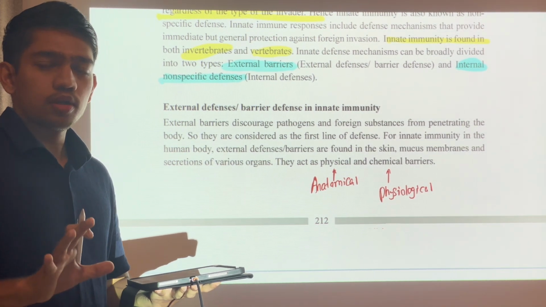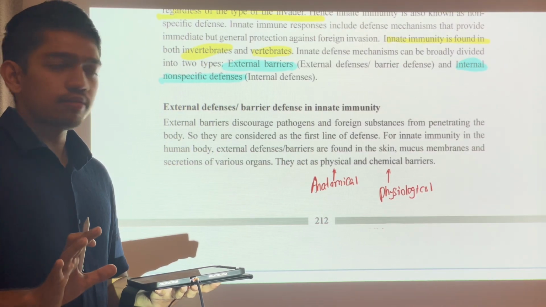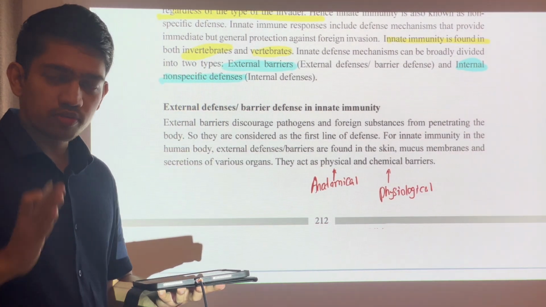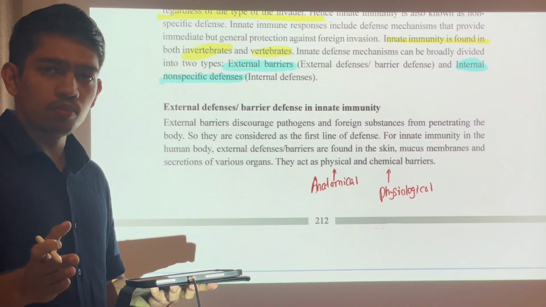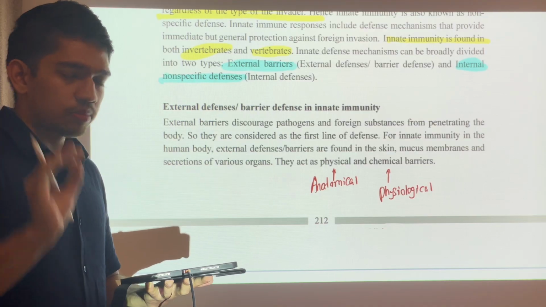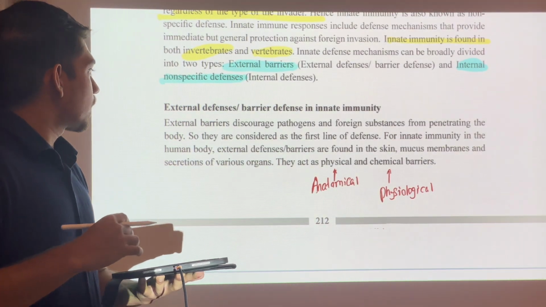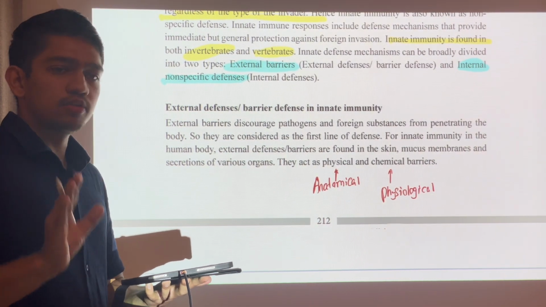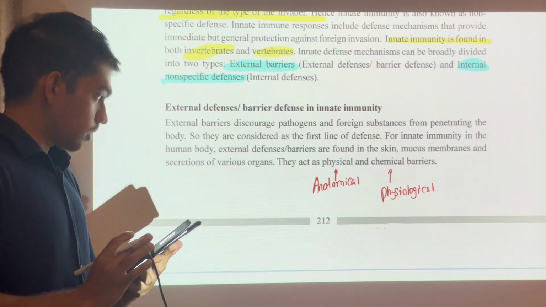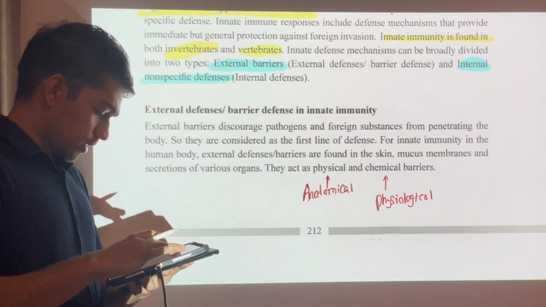And that wall itself is what we call external defense. So it is the first line. If there's an enemy invading your body, it is going to encounter that wall first, right? So keep that in mind as I explain what external defenses are and what defenses are under this external defense, right? So let's see.